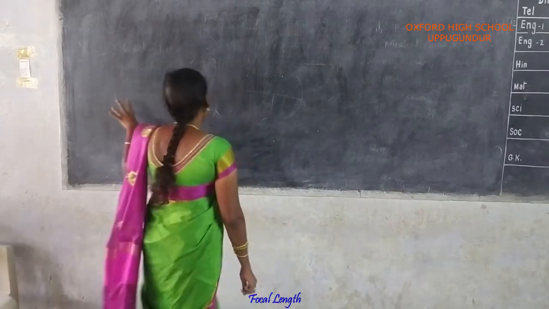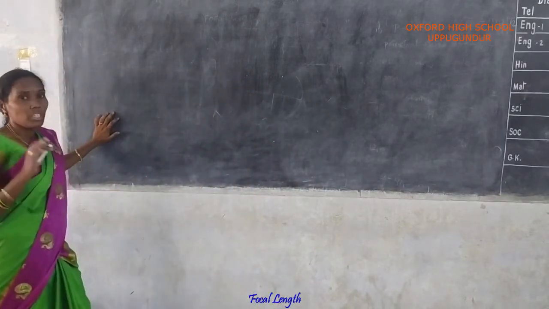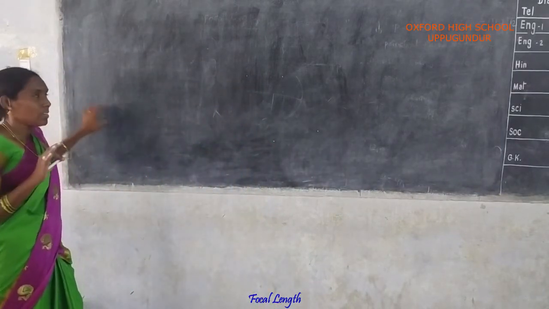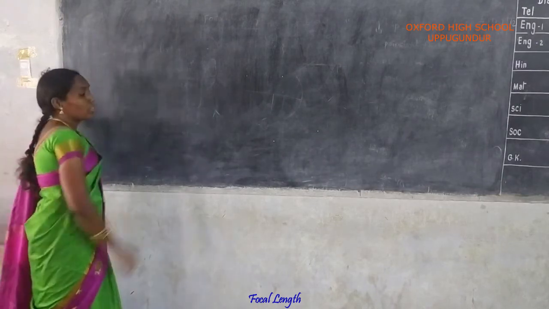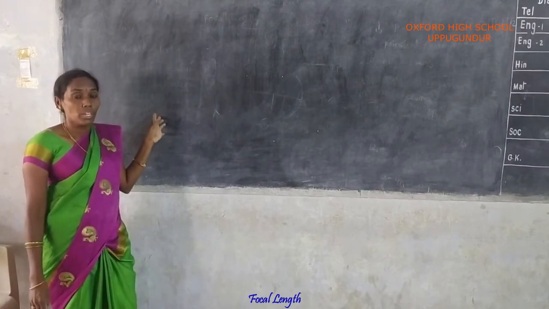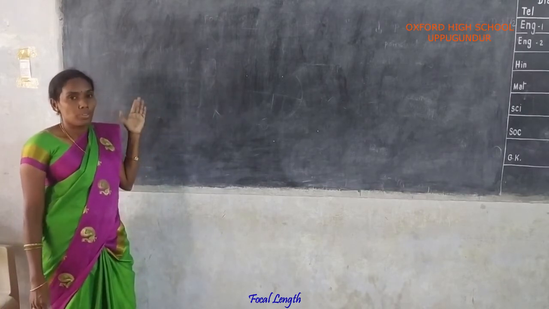Okay? Here, observing the types of images, I will explain one more activity. What are the apparatus required to verify or explain the types of images?